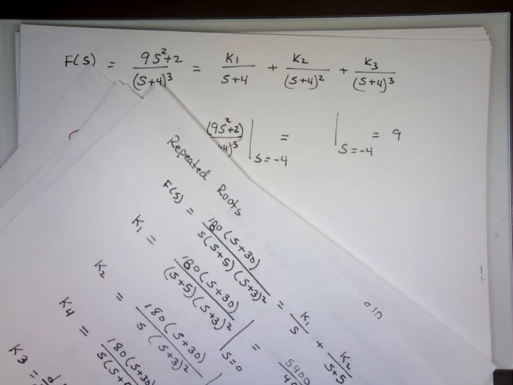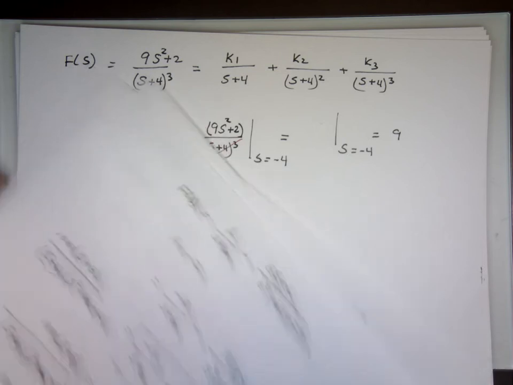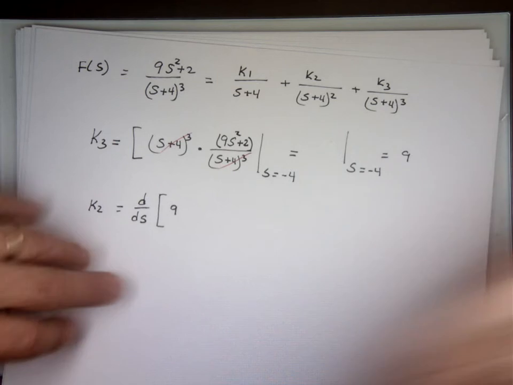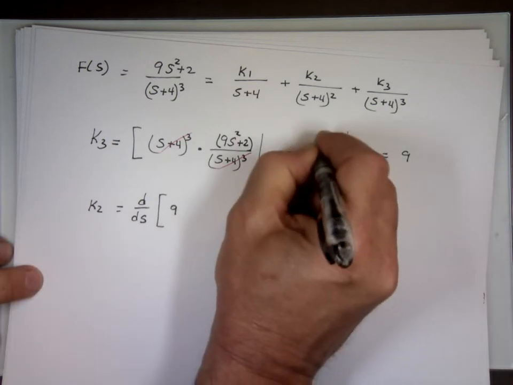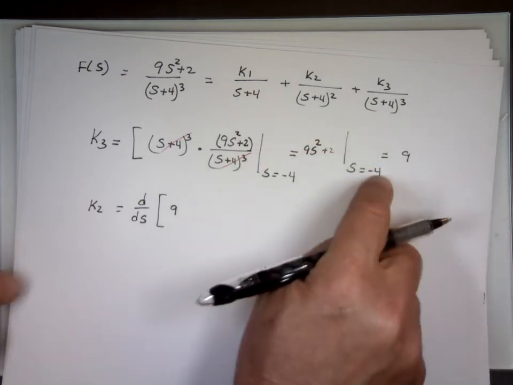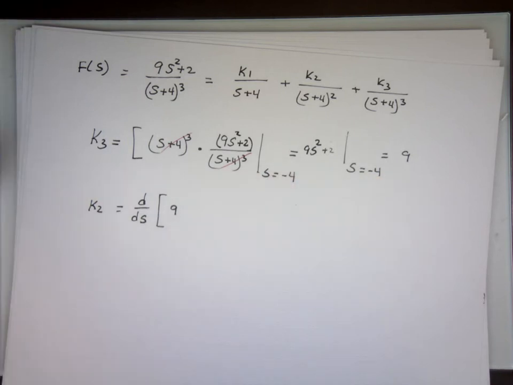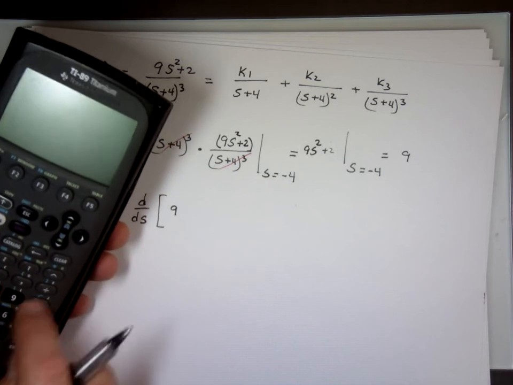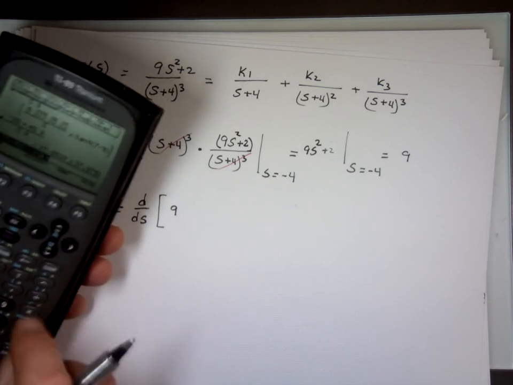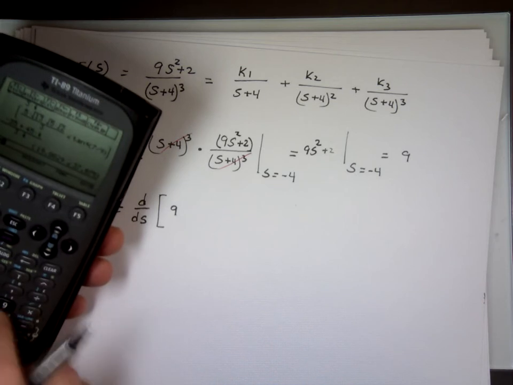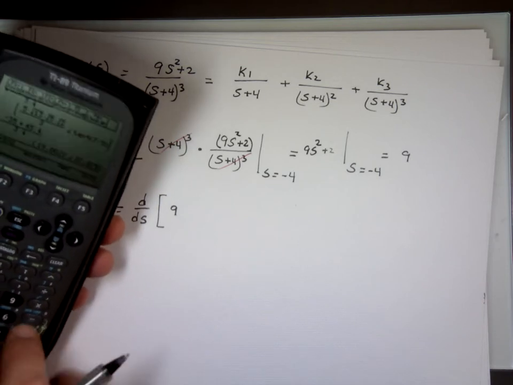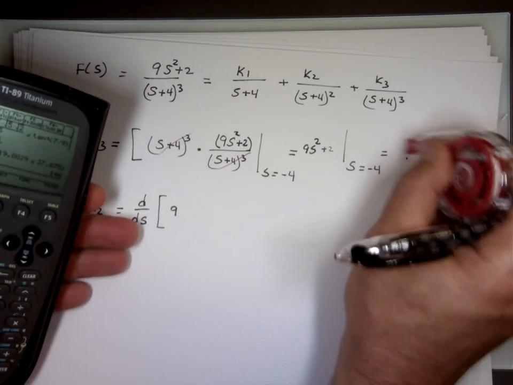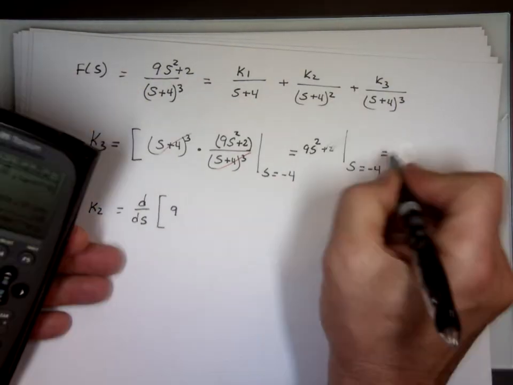I changed it, it's just 1.6 now? So this will be 9s squared plus 2 when s equals negative 4. Negative 4 squared is what? 16. 16 times 9. Calculator goes to sleep on me all the time. Plus 2, 146. Thank you. Now K2, we take the derivative. We eliminate s plus 4.